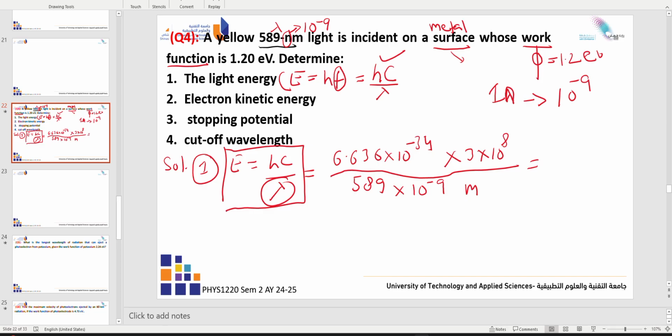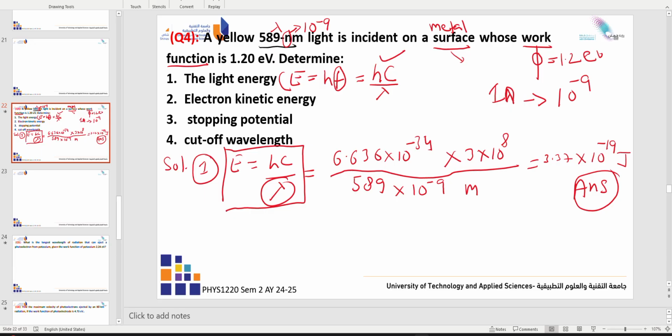So the answer will come to 3.37 times 10 to the power minus 19. This is the answer for the energy of the light, in the unit of joules.